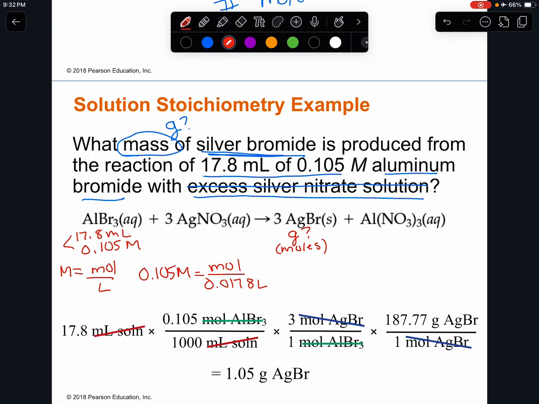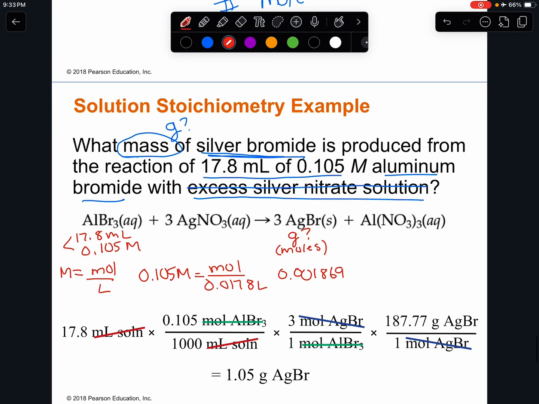So if I go ahead and solve for that, okay, I would then end up with moles. Let me go ahead and quickly calculate that for you. Give me one moment here. I'm going to take 0.105 and multiply it by 0.0178. Remember, moles are very small, so don't be alarmed and do not cut this off too early. So that's moles. And now the hard part here is units.